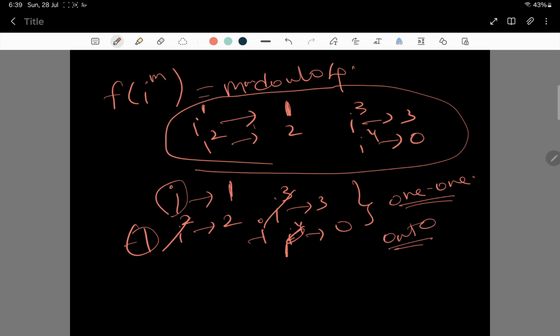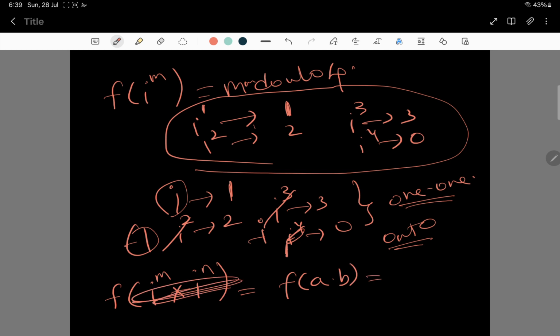So the only thing we have to show is that it is a homomorphism. Let us take i power m and i power n. To prove that it is a homomorphism, we have to show that f of a dot b equals f of a star f of b. Star is the operation on the second group, dot is the operation on the first group.